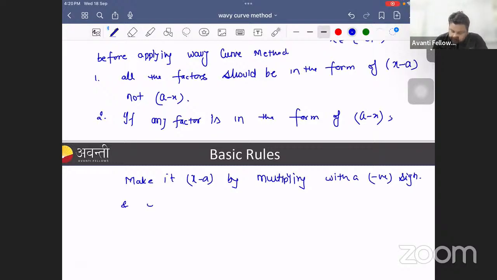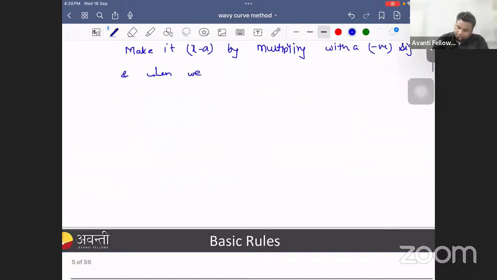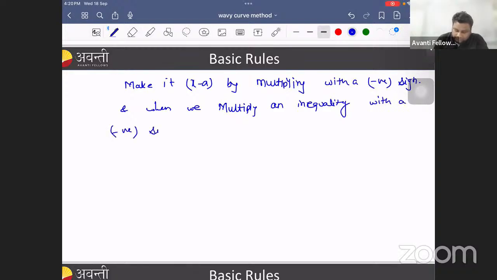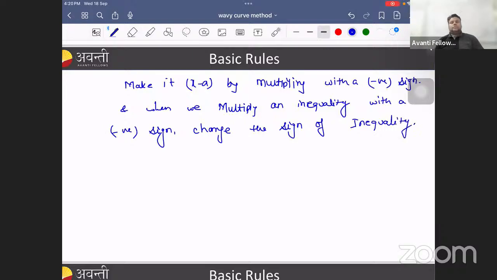And when we multiply an inequality with a negative sign, change the sign of inequality. Change the sign of inequality.